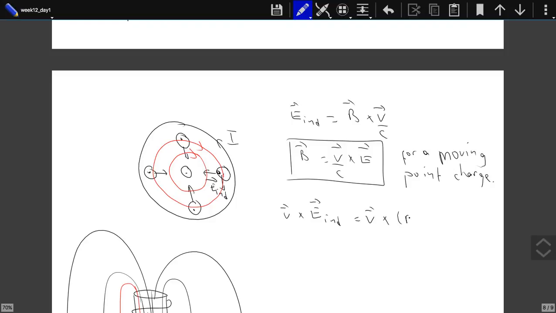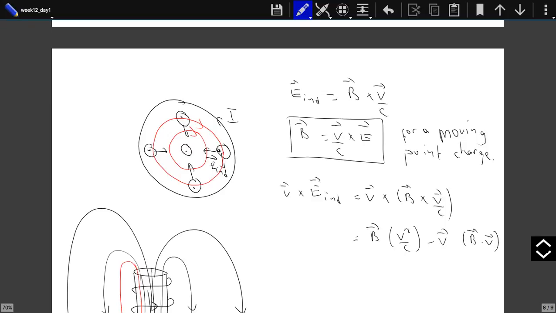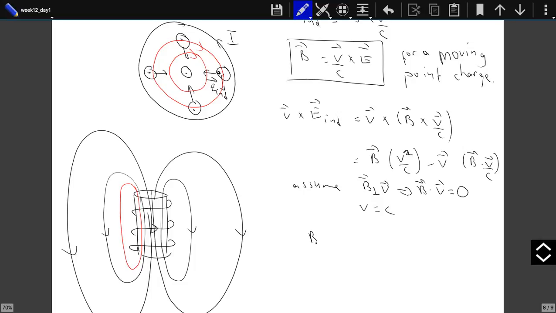This is equal to V cross V over C cross B, which is B times V squared over C minus V times B dot V. Assume, which will turn out to be correct, B is orthogonal to V. Which basically tells me that B dot V is equal to 0, and V is equal to C. So B is equal to V over C cross E induced.